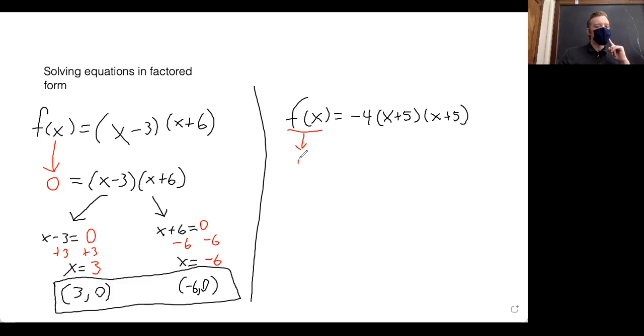But when we were working last week, what did that negative 4, what's that negative do to our graph? It makes our vertex a maximum, makes our graph open down. It doesn't actually change anything about the x-intercepts. And I'll show you why here in just a second.